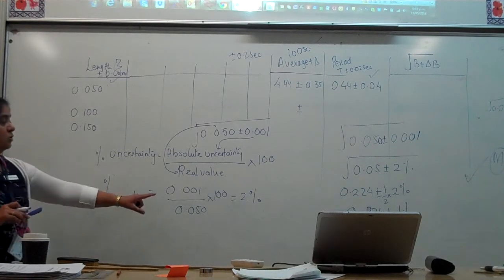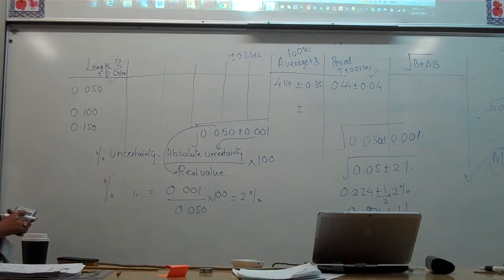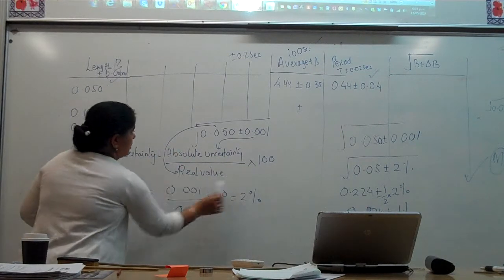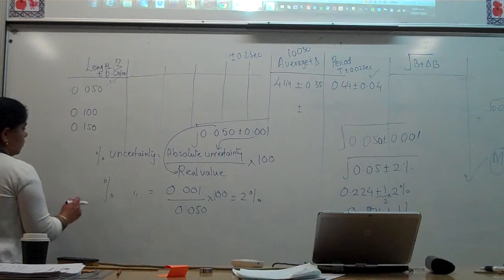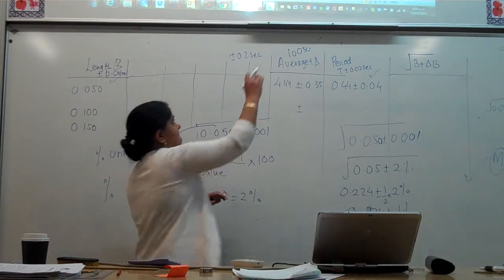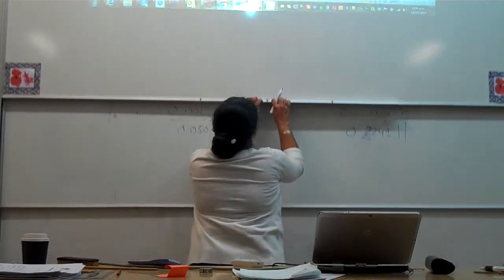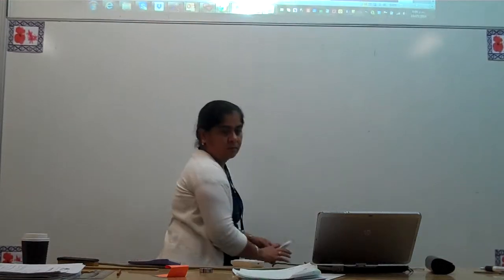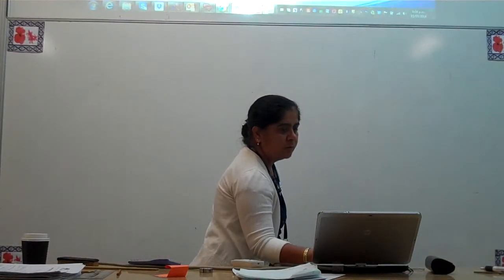Okay, so when you change it back to the absolute uncertainty, same equation you're rearranging, and the equation becomes, what I'll do is I'll make this screen clear for a minute.